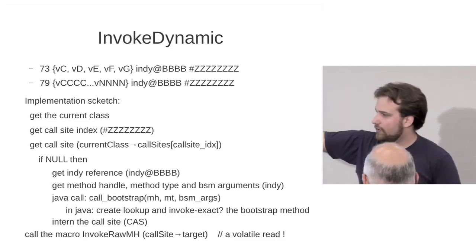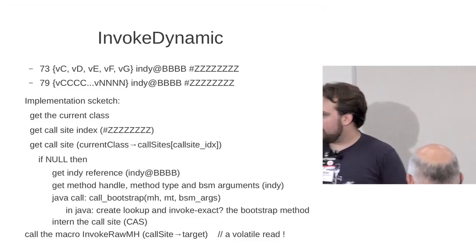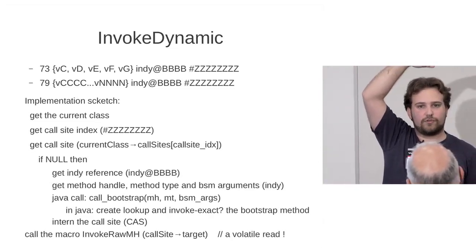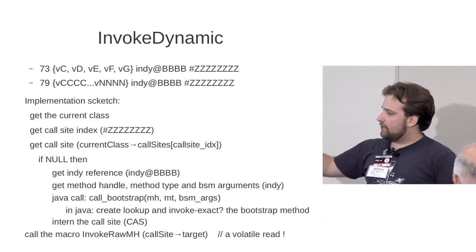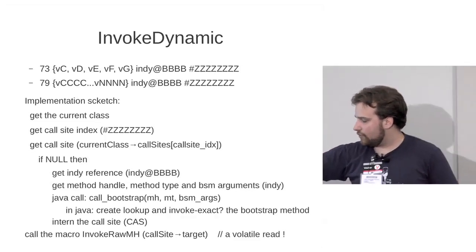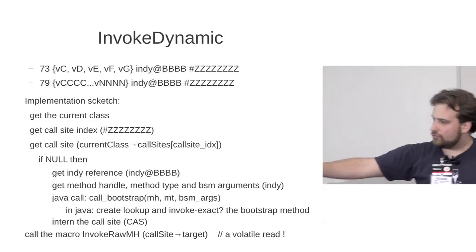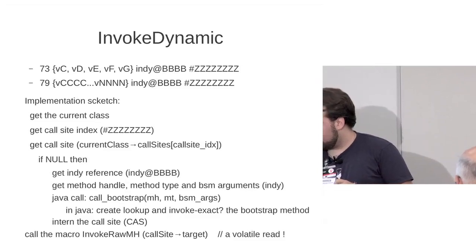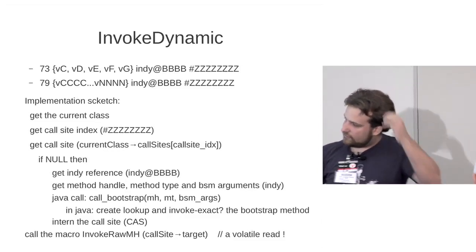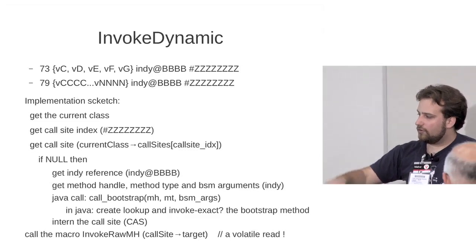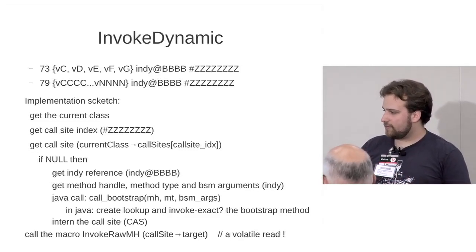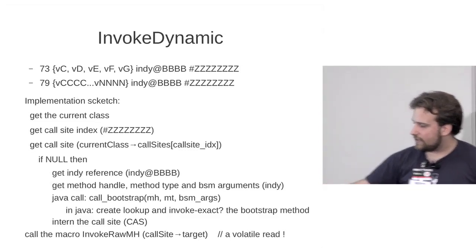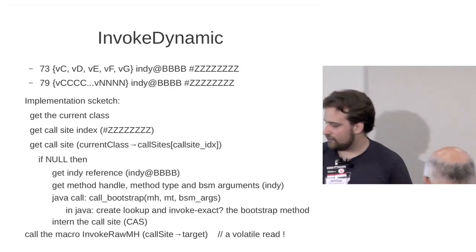If not, we resolve it when we get the indy reference in the constant pool of InvokeDynamic, and we have to do a Java call to call the bootstrap method, which returns a call site. This method calls an Invoke Exact on the bootstrap method. And after that, we enter the call site, and we call with the target.